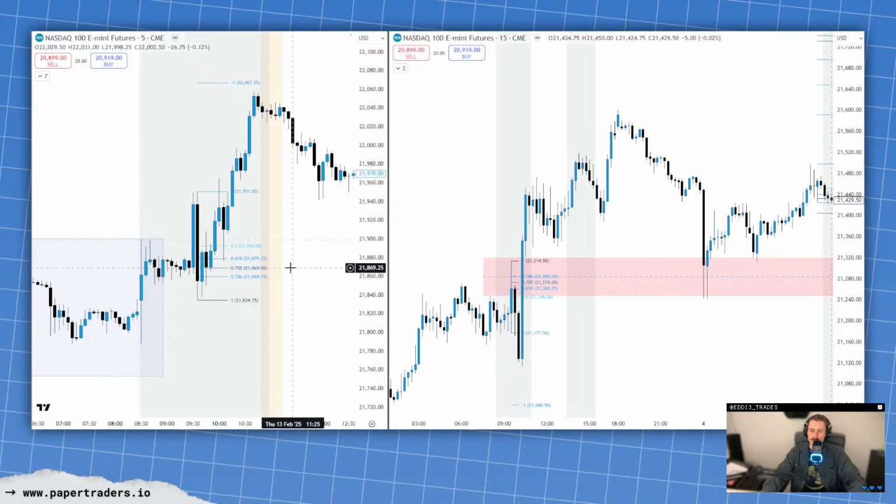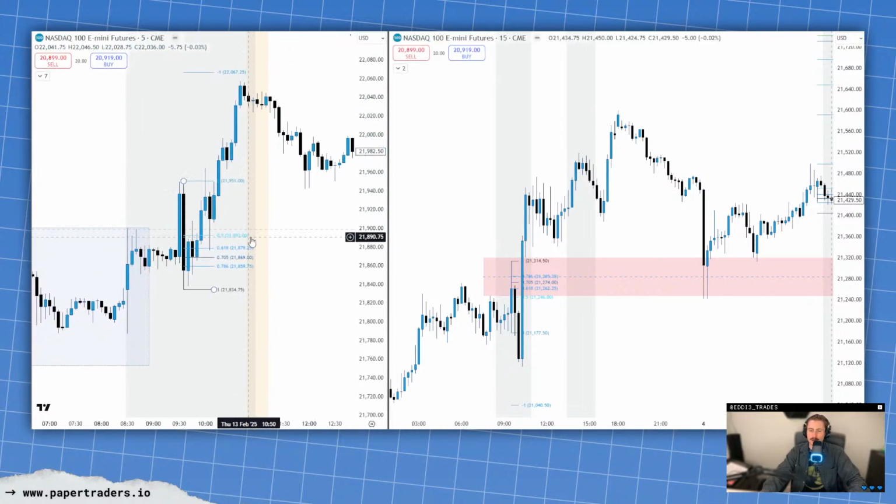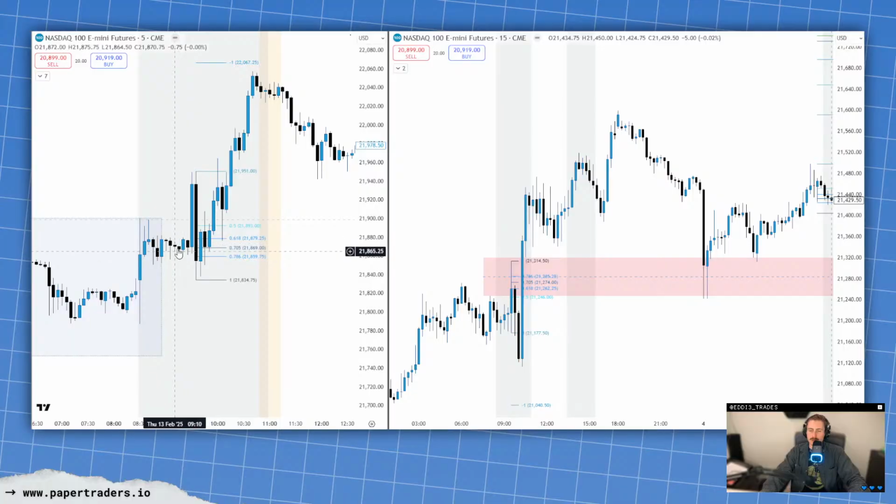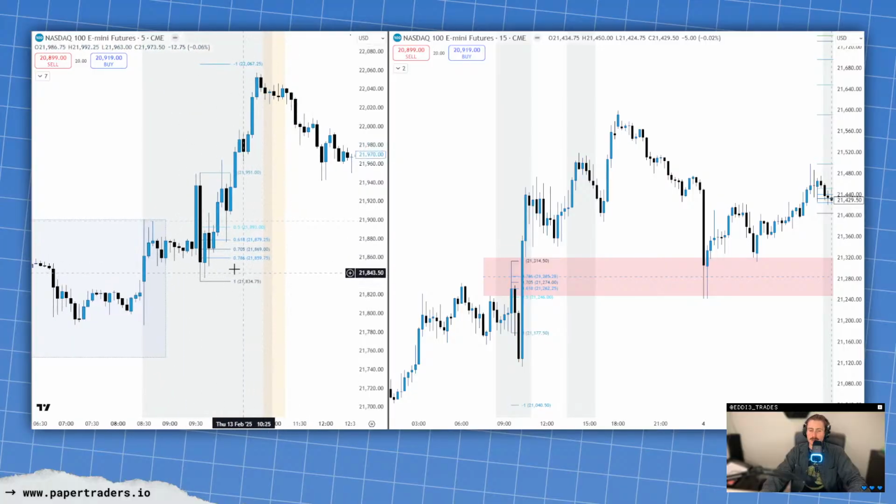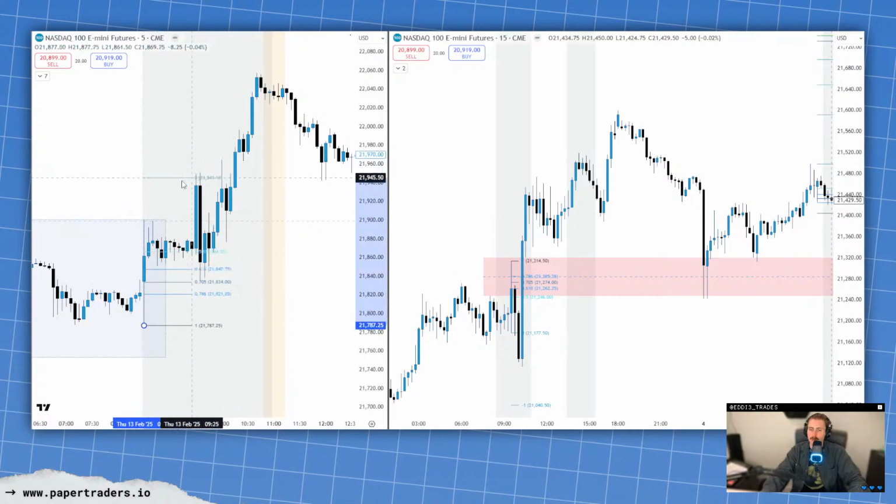Back into those levels. Hold them. Continue up. All of those TBRs right there. Hey, fib your 8:30 candle. Look at your extensions. Yeah. That's your data candle.